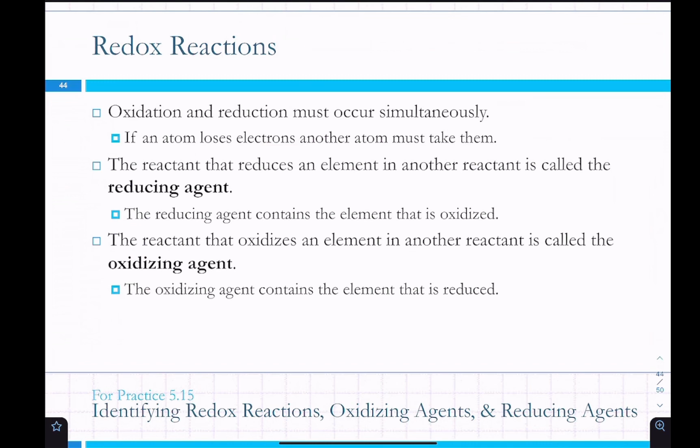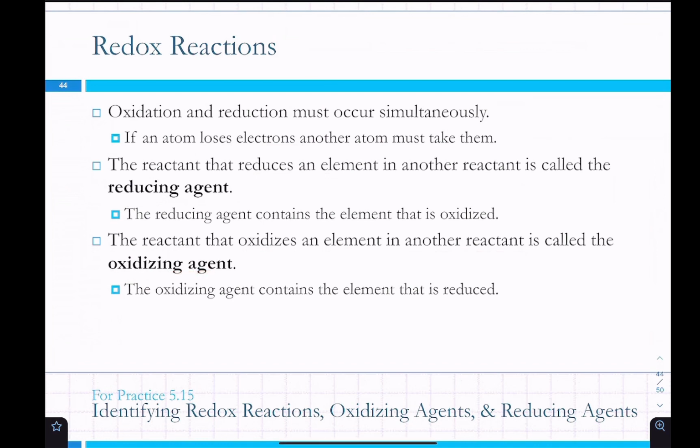And this is where things can get a little bit confusing. So the reactant that reduces an element in another reactant is called the reducing agent. So it's forcing something else to be reduced. And the reactant that oxidizes an element in another reactant is called the oxidizing agent.